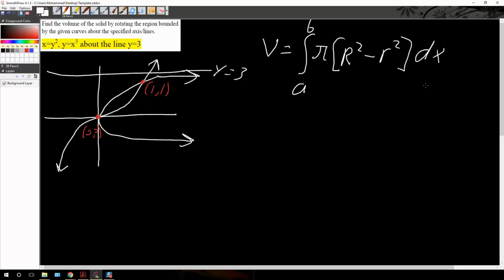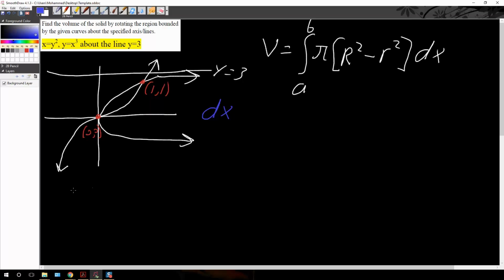Our big R is going to be from this point all the way to this graph. Our little r is going to be from this point all the way to this, so it's going to be smaller. And one more thing: since the question is about the line y equals 3, it's going to be in terms of dx. Okay, so now we can actually solve everything.